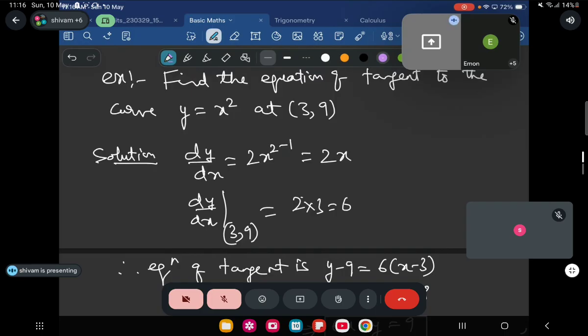Which board are you from? ICSE. You studied straight line, right? Tell me, there is another form of straight line. Any other form? y equals mx plus c. What is c known as? Constant.